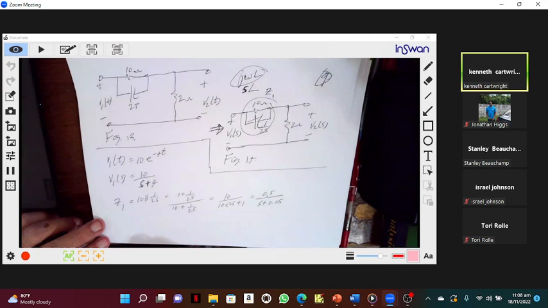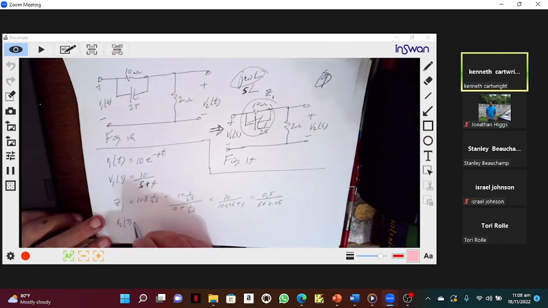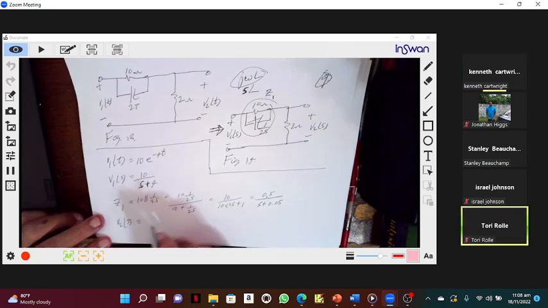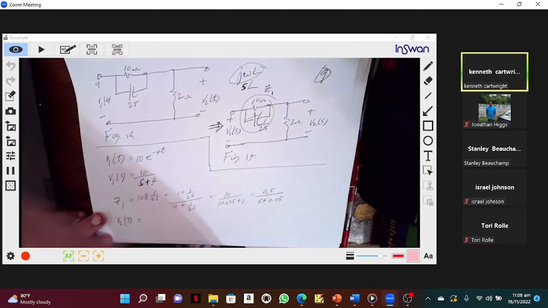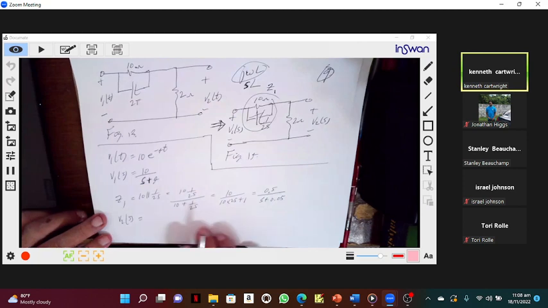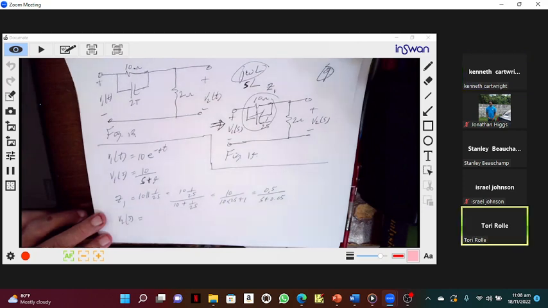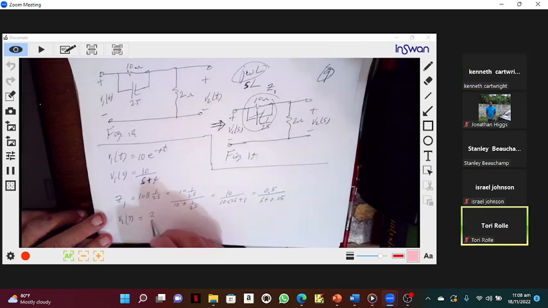So what's V2 of s? We could use the voltage divider. This circuit is not a voltage divider, but we turned it into one. So V2 of s equals how much? 2 ohms over the denominator, which is Z1, 0.5 over s plus 0.05, plus 2.